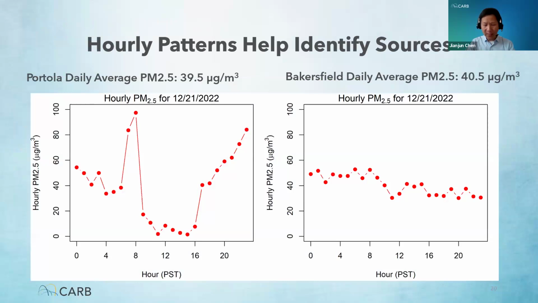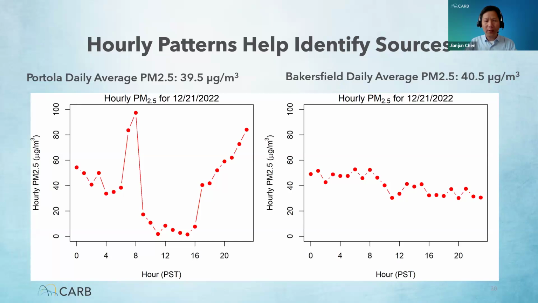This slide shows the hourly PM 2.5 patterns at Portola on the left and at Bakersfield on the right. Each plot displays the hourly PM 2.5 concentrations measured on December 21st, 2022. The daily averages at these two sites are both close to 40 micrograms per cubic meter. However, Portola exhibited stronger diurnal variation, likely due to the influence of local residential wood combustion emissions.